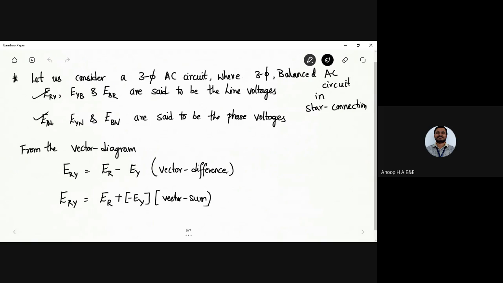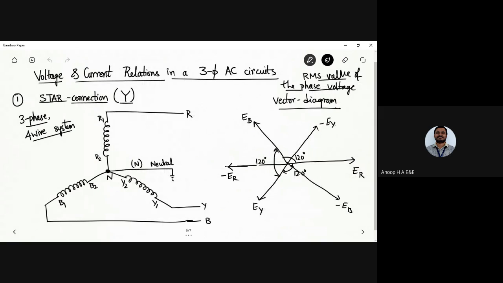So now I have both vector difference and vector sum. Let me come back to this vector diagram. I have traced it back. The magnitude remains the same, and there is only a change in the sign.